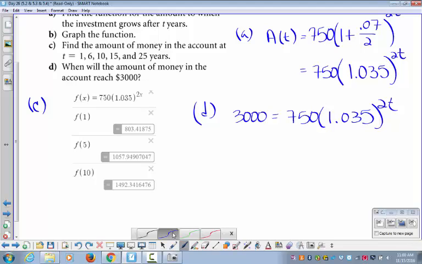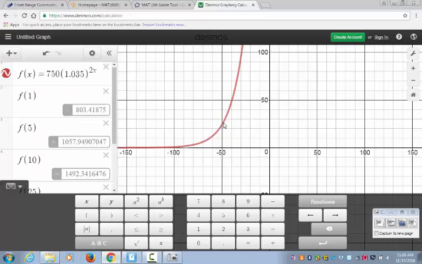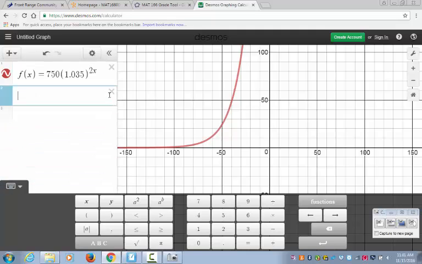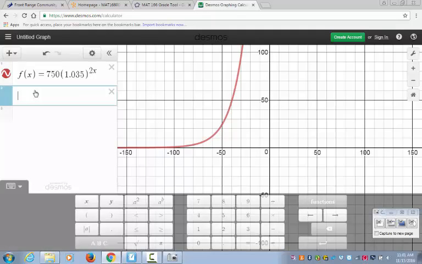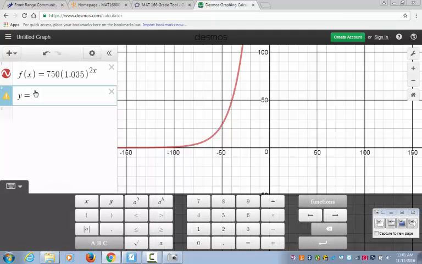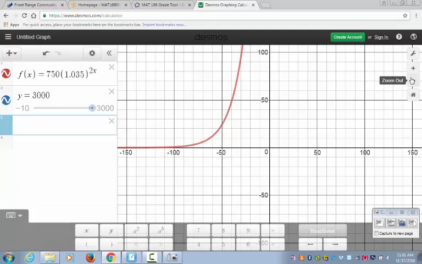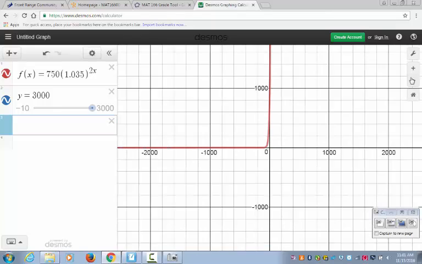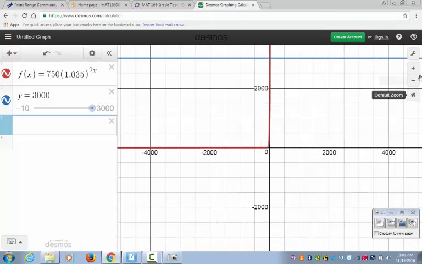Obviously, we can do it with technology. We can come over here to a grapher, and we want to know when it's going to be 3,000. So we could graph y equals 3,000, go up to where 3,000 is, and figure out where those two intersect.